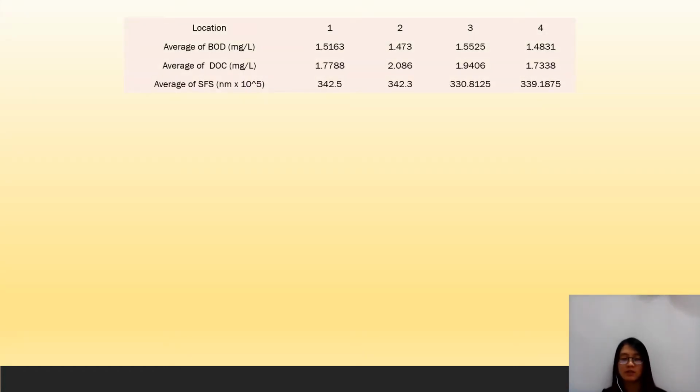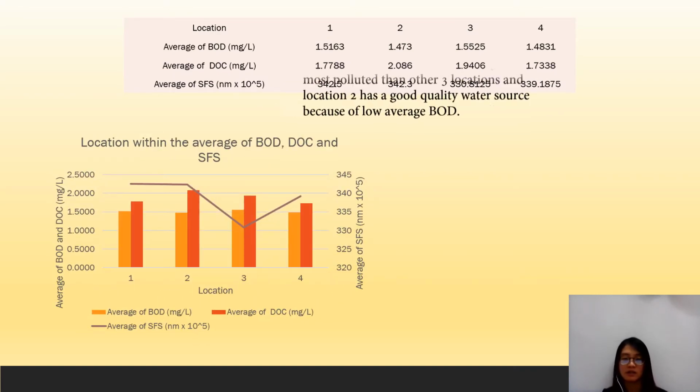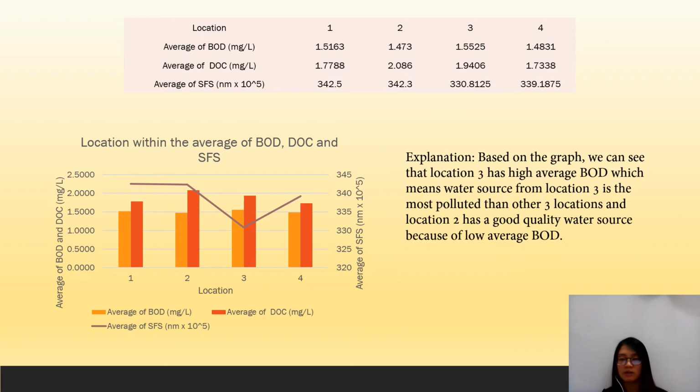The second graph is location with the average of BOD, DOC, and SFS. Based on the graph and table, we can see that location 3 has the highest average BOD and location 2 has the lowest average BOD.